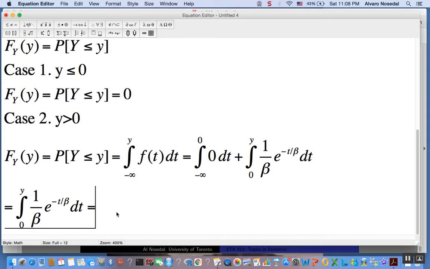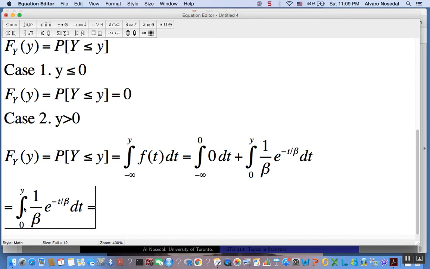That's easy. We know that the derivative of e to the negative t divided by beta would be negative 1 over beta times e to the negative t divided by beta.